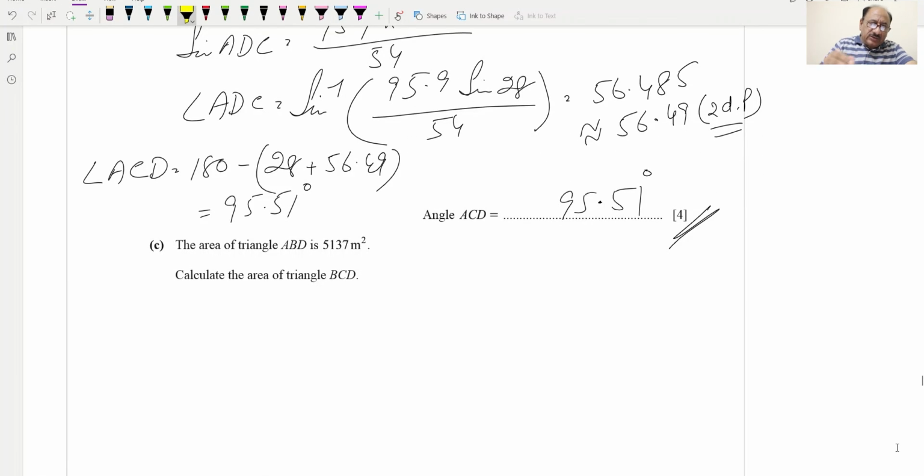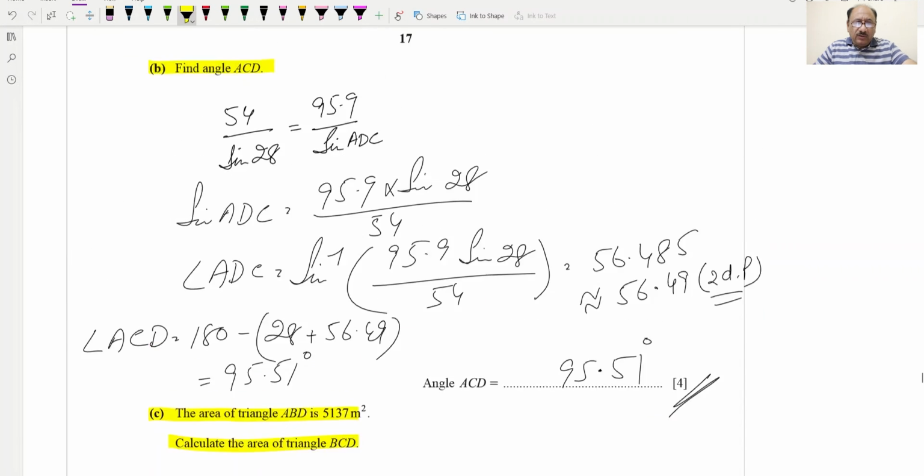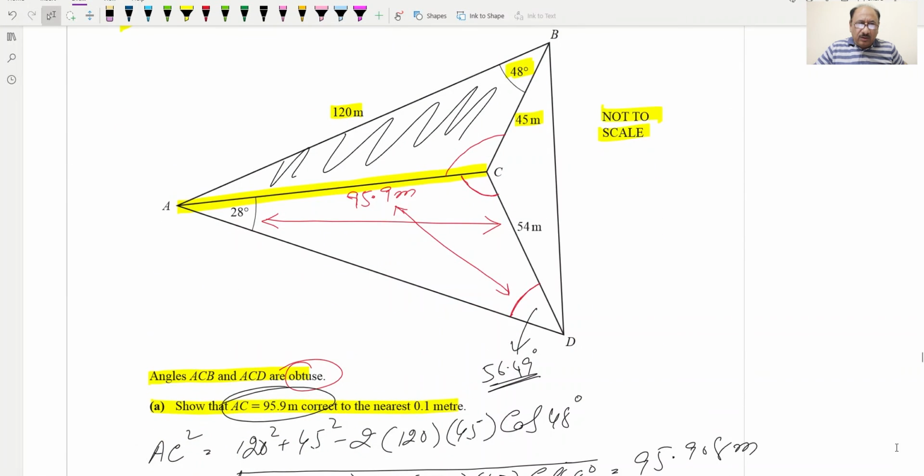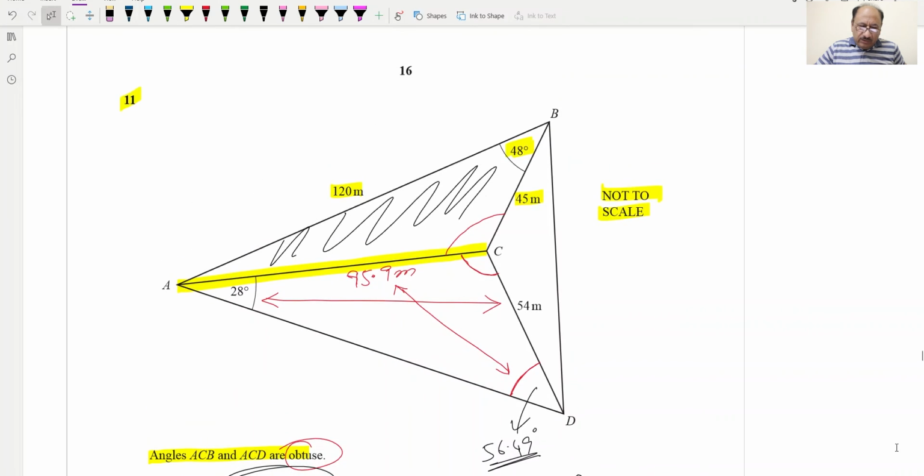Now the next part, which is C part, is saying the area of triangle ABD is 5137 meters square. Calculate the area of BCD. So area of BCD will be what? We can find basically area of ABD is provided.